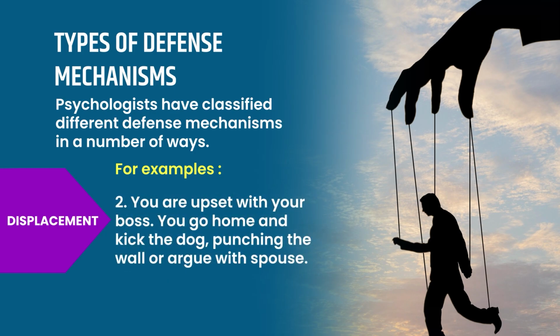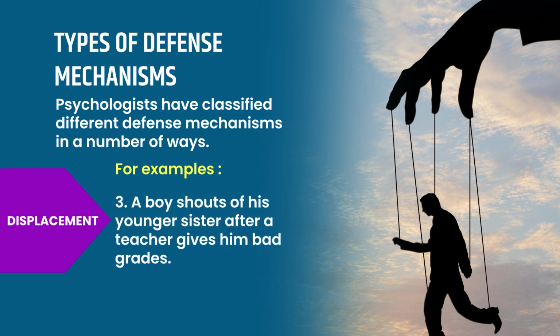Another example is you are upset with your boss, you go home and kick the dog, punch the wall or argue with your spouse. Another example of displacement is a boy shouts at his younger sister after a teacher gives him bad grades.